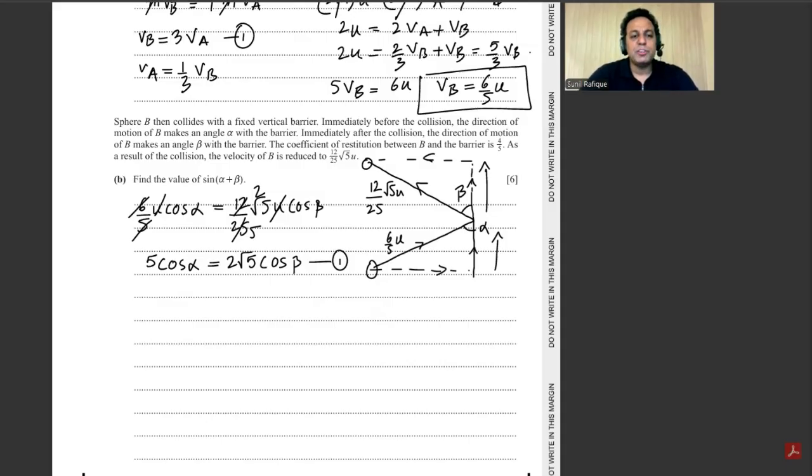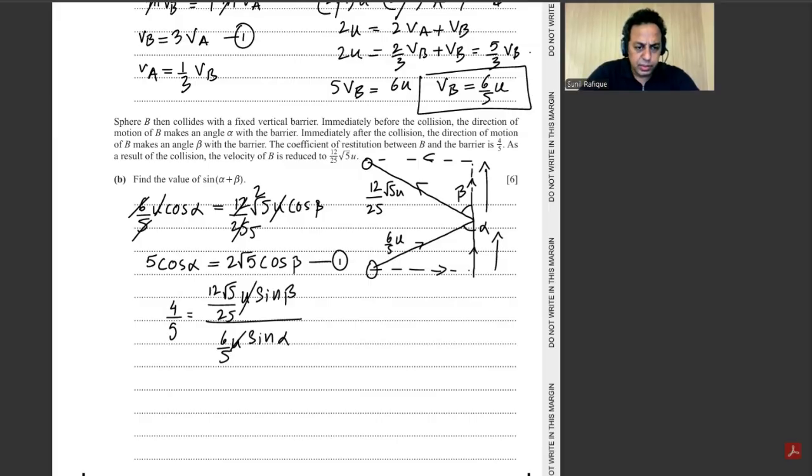And now we use the coefficient of restitution. So in this case, this will be the speed away from the barrier divided by the speed of approaching, which is towards the barrier. And this will look like 12 root 5 over 25 U sine of beta, divided by 6 over 5 U sine of alpha.